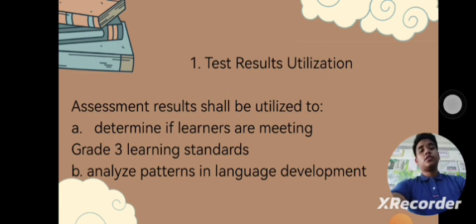Assessment results should be utilized to determine if learners are meeting grade 3 learning standards, or if they are getting the learning outcomes that the learning standards want. Then B is analyze patterns in language development.